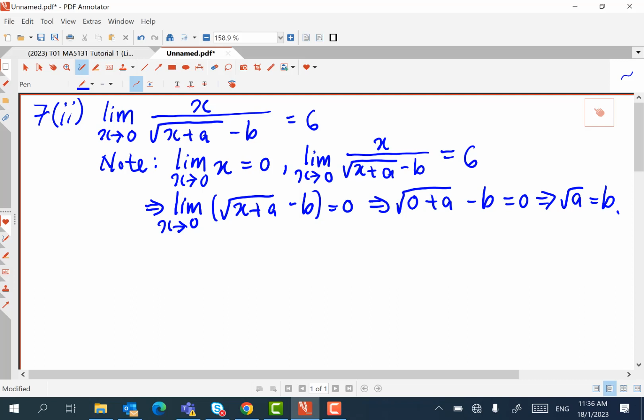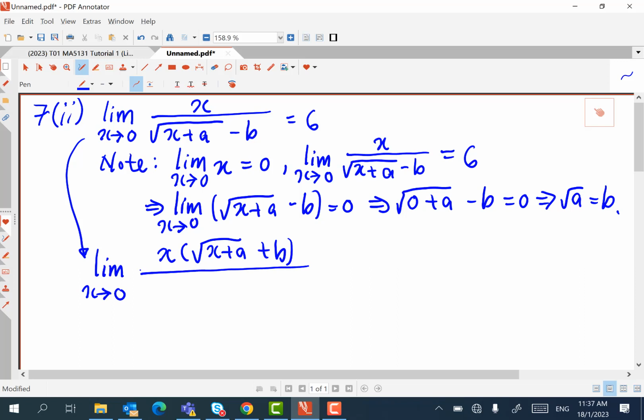Okay, so bearing this in mind, we are not able to progress from this line to say that this becomes limit. So therefore this implies that okay, we can do this, right? This gives you x plus a minus b square equals to 6.